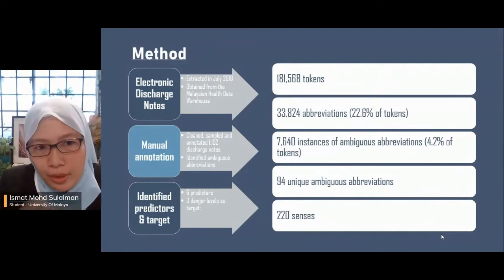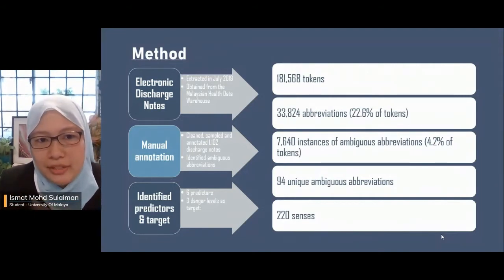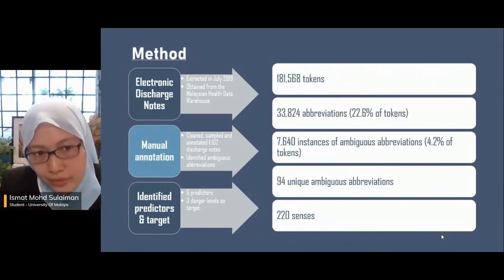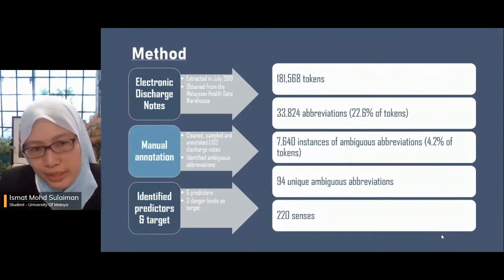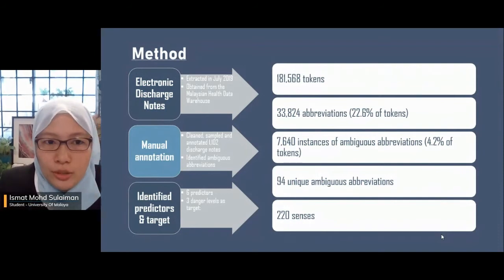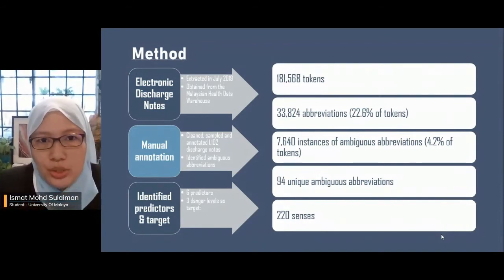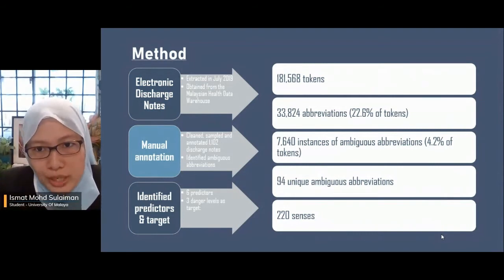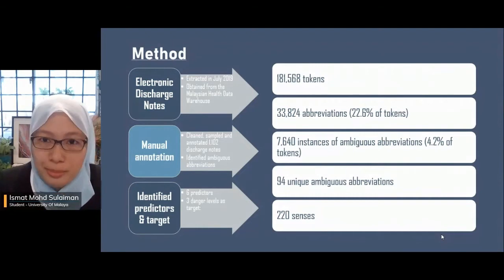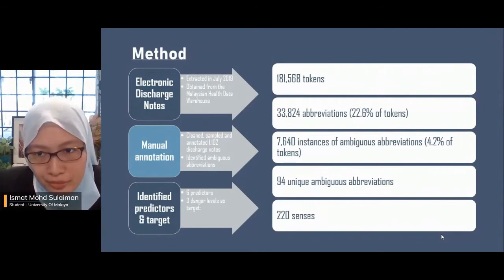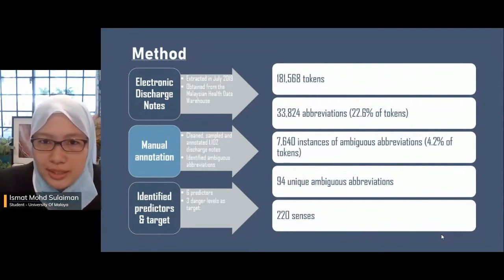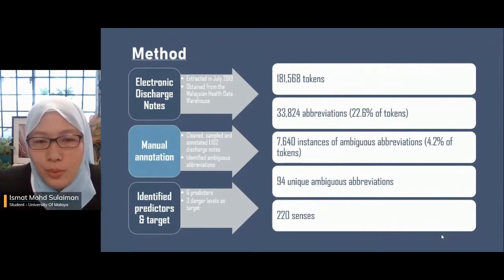From that exercise, we can identify how many of those abbreviations are ambiguous, meaning those with two or more senses. From those 1,102 discharge notes, there are about 180,000 tokens. 22.6% of the tokens are abbreviations, but the ambiguous abbreviations are about 4.2% of the tokens, or about one-fifth of the abbreviations.